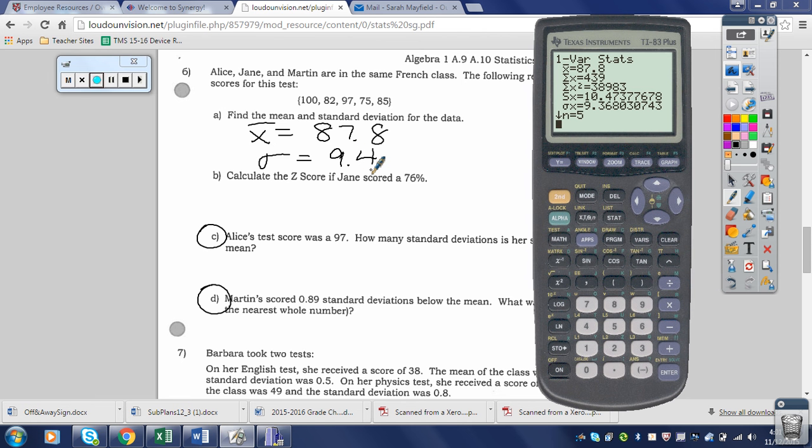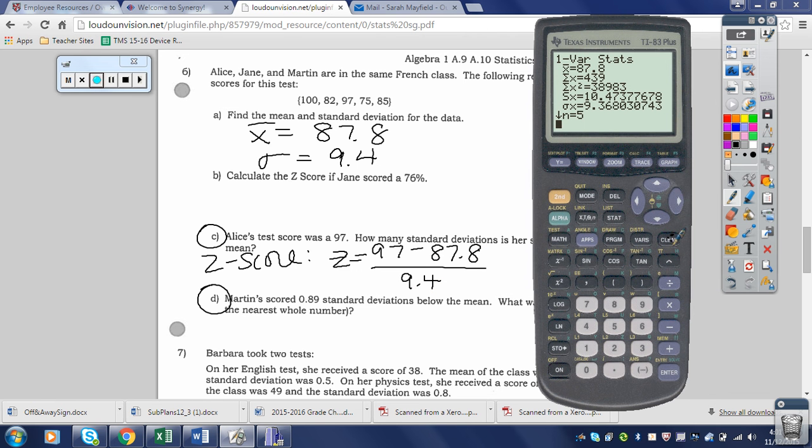So it says for part C, Alice's test score was a 97. How many standard deviations is her score from the mean? When it says how many standard deviations something is from the mean, what should you calculate? A z-score. So I'm going to use my formula for z-score. My formula for z-score is on my whiteboard, so if you don't remember it, it's right there for you to reference. So I do 97 minus 87.8 divided by 9.4.